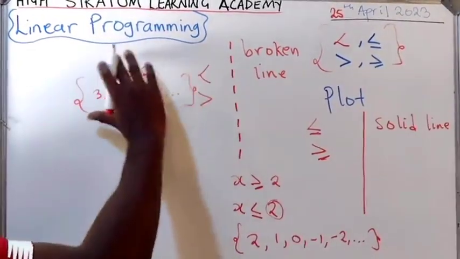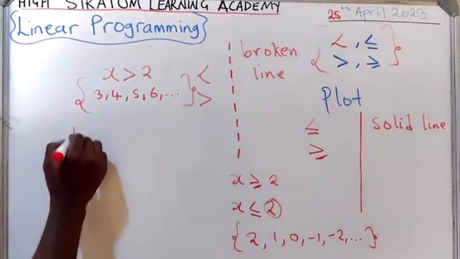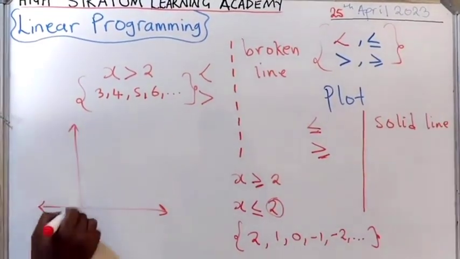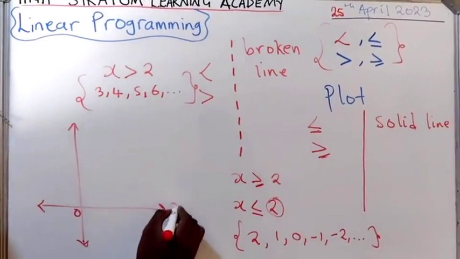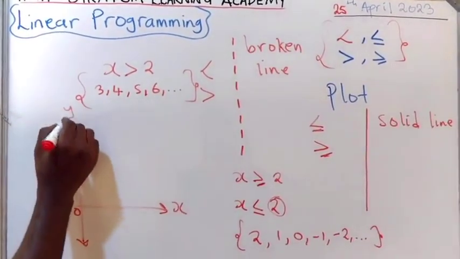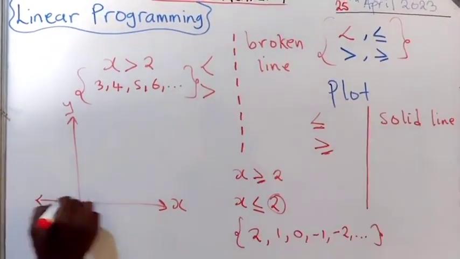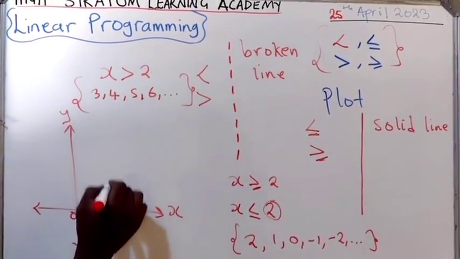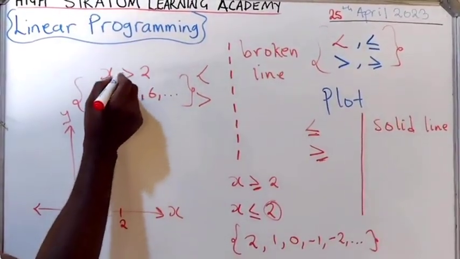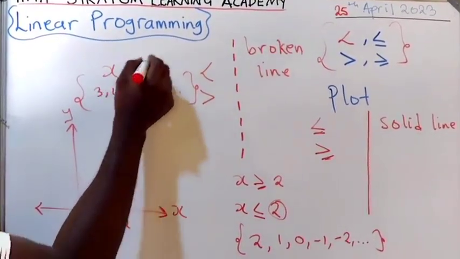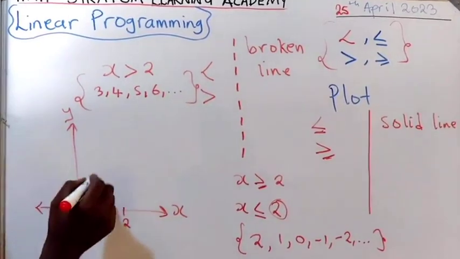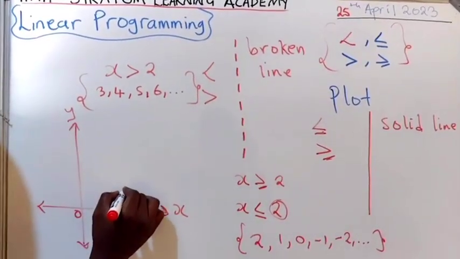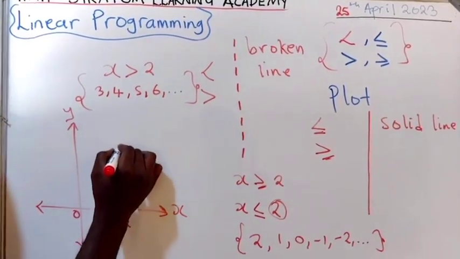So when I'm plotting this on the Cartesian plane, for instance, this is my Cartesian plane. This is the origin, this is the x-axis, and this is the y-axis. So in the y-axis, we assume that 2 is here. When I want to plot this, because it's just saying greater, it's not equal to 2 itself, where I've said 2 is not part of the solution set, I'm going to draw a broken line like this.